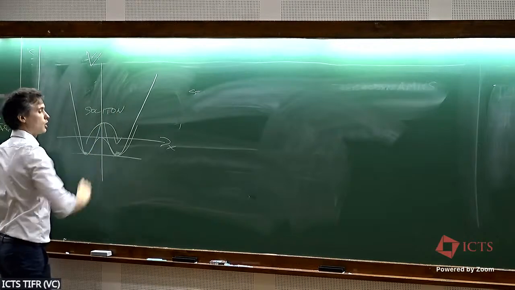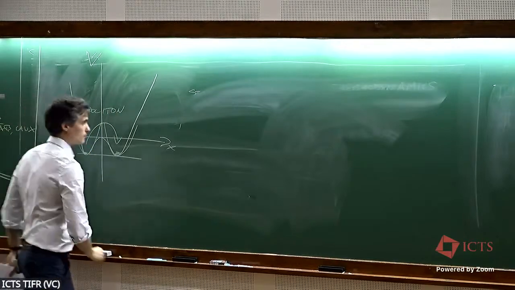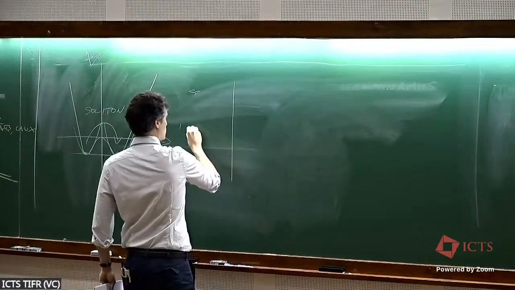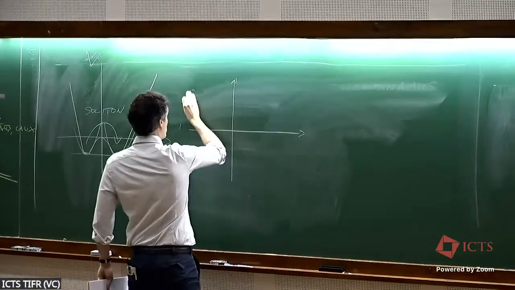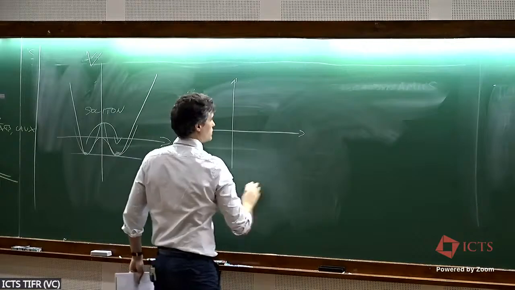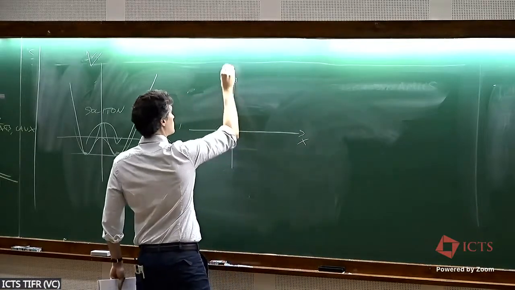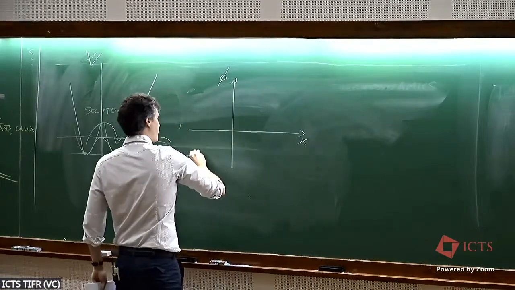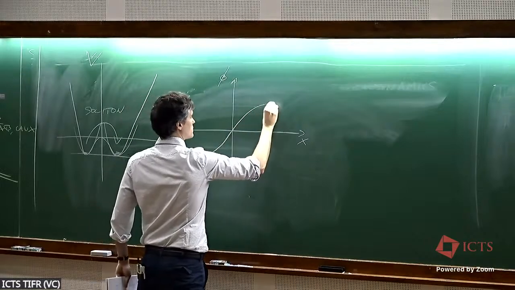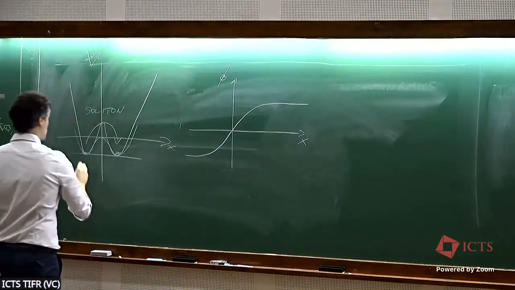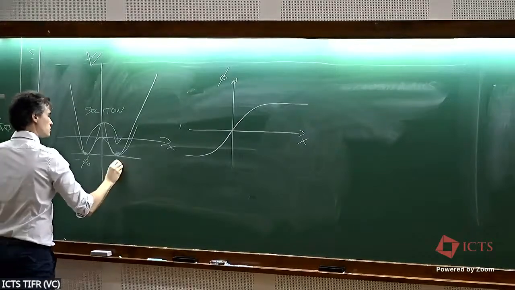This is what a soliton does. A soliton, actually for this potential, you can always find the profile of the soliton exactly. A soliton is just a profile of the field that looks like this. Here would be minus phi 0, phi 0.